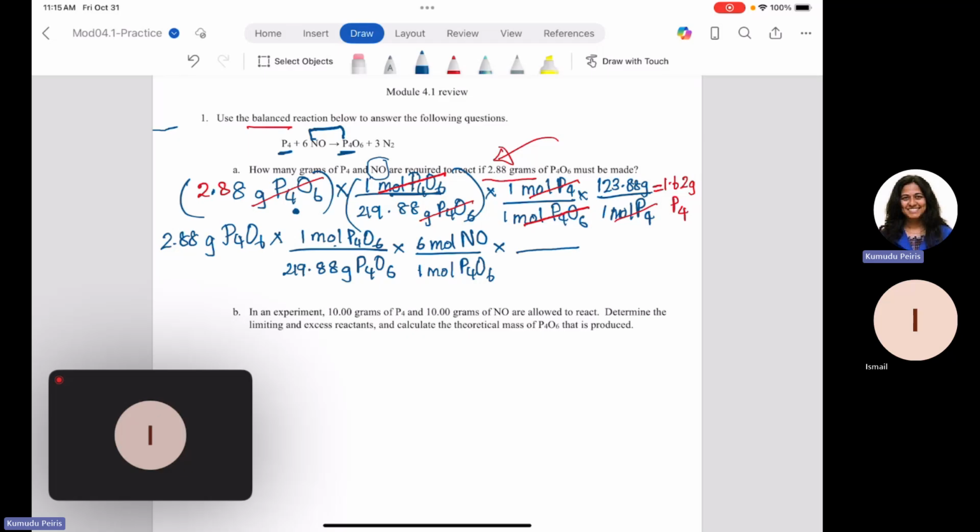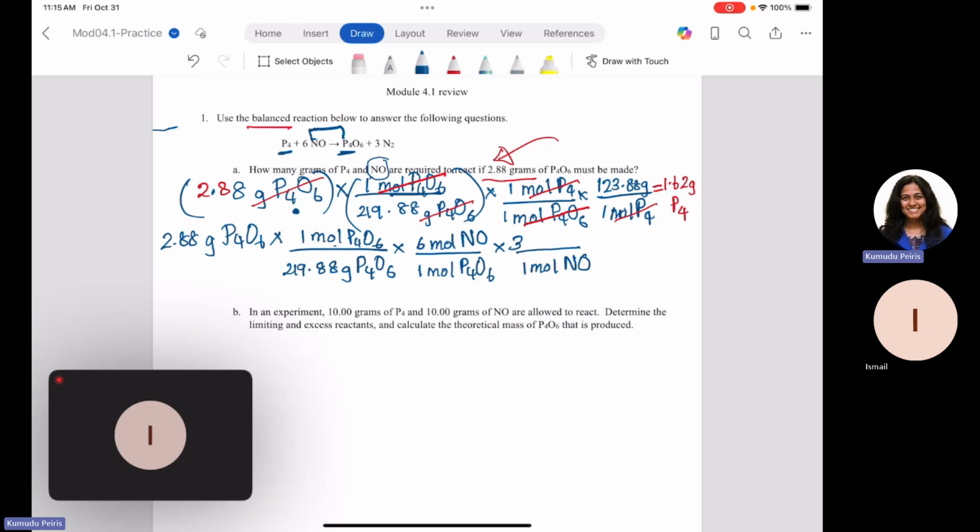Now I should change these moles of NO to the grams of NO. So here, 1 mole of NO. Now you get the mass of the NO using the periodic table.